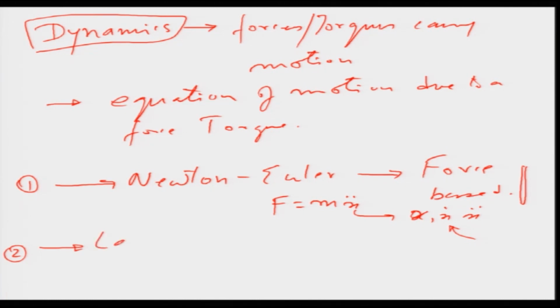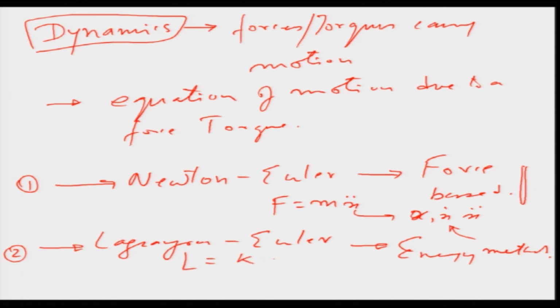Okay. The second method is Lagrangian-Euler, in which we use an energy method. It basically finds the difference between the kinetic energy and the potential energy.